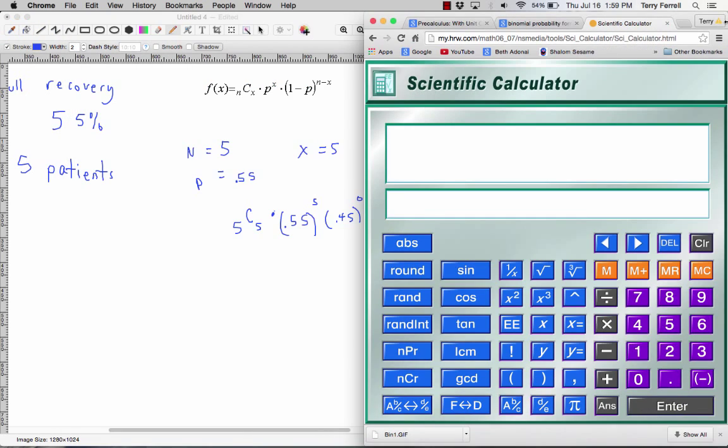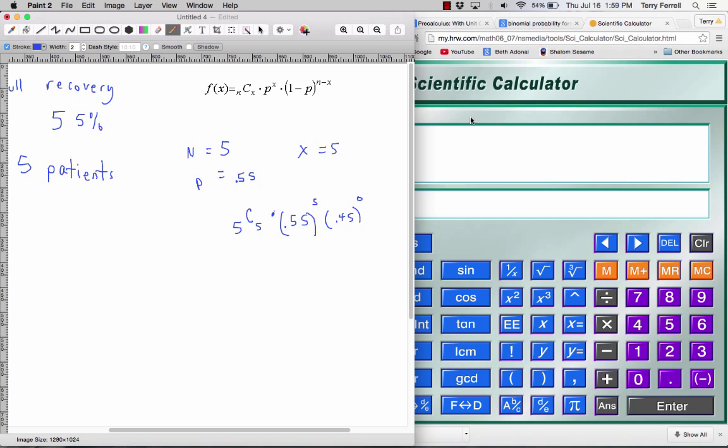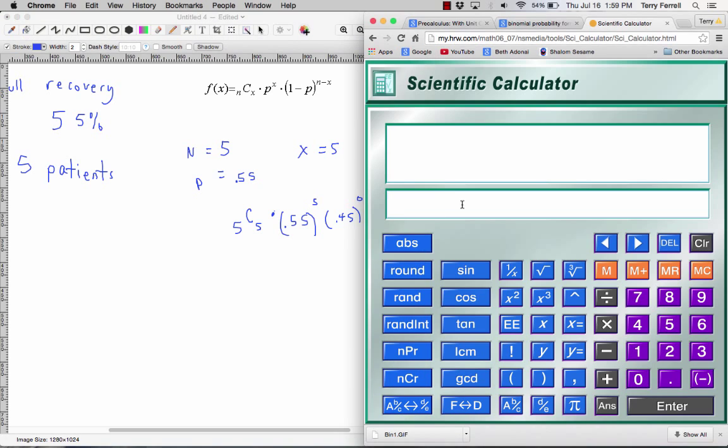Basically, we're plugging this in. This is a combination problem, so I'm going to type in this symbol here, 5 comma 5. It's going to be 1. There's some logic behind that, but it's not that important. And I'll show you it's just 1.